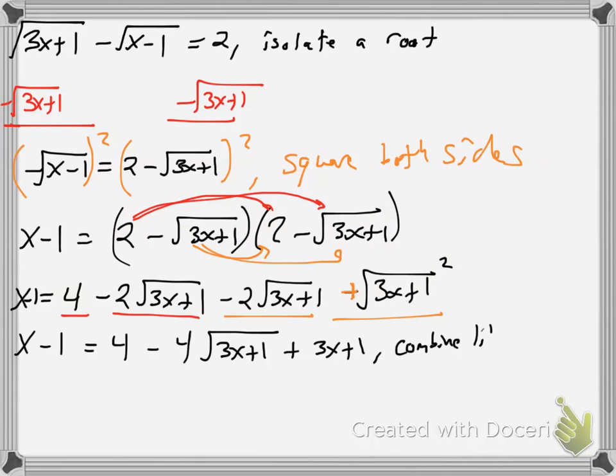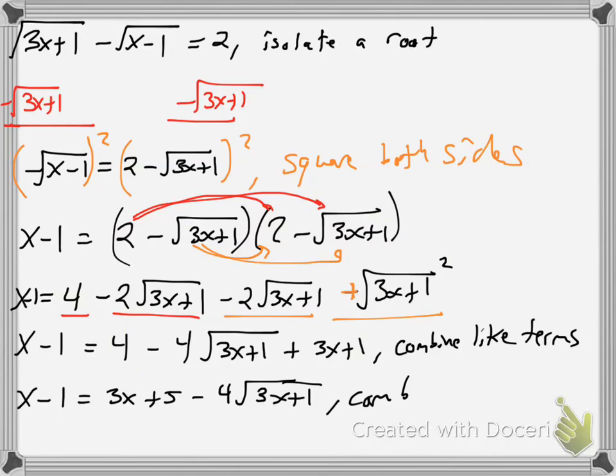And now we'll combine our like terms. So we got a 1 here and a 4 there. And I'm going to move the 3x in the front too, because I like to have the x out in front. So again we combine like terms.